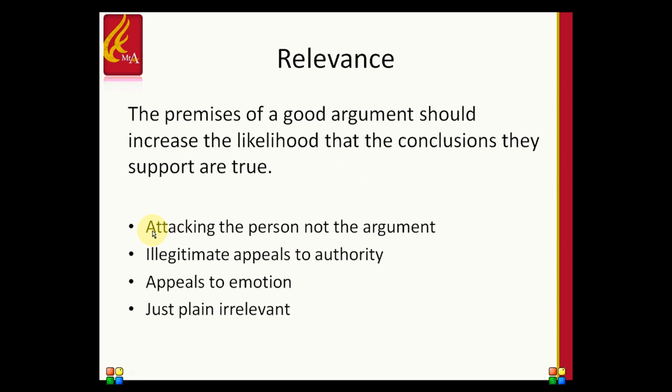So often you might see an attack on the person and not the argument. Or you might see an illegitimate appeal to authority, or appeals to emotion, or sometimes things are just plain irrelevant. This doesn't actually affect the conclusion in any way. So these are common fallacies which you may have run across before, but if not, these are things that you can look up and find some more detail about.